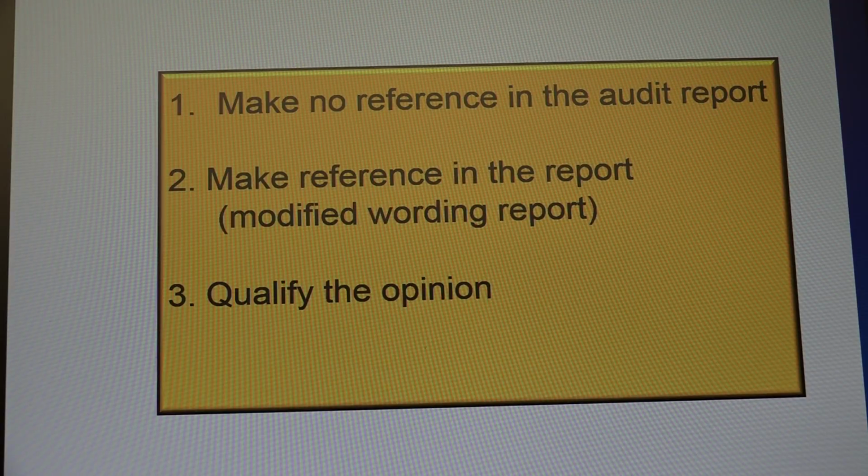Well, you know, if that audit is fairly small and immaterial as it relates to the overall audit of the multinational, then you probably would just make no reference to the other auditor.